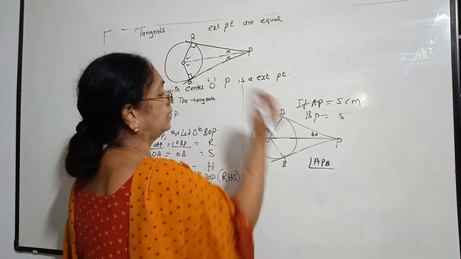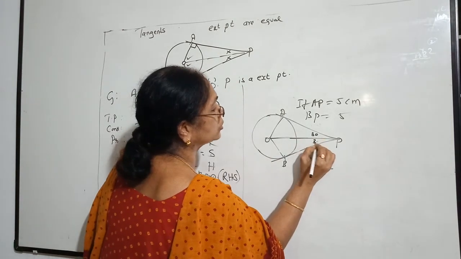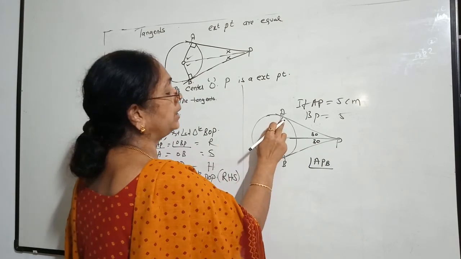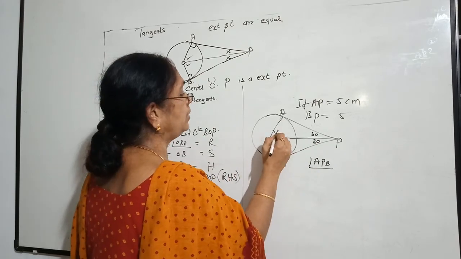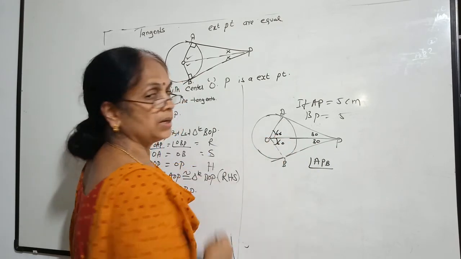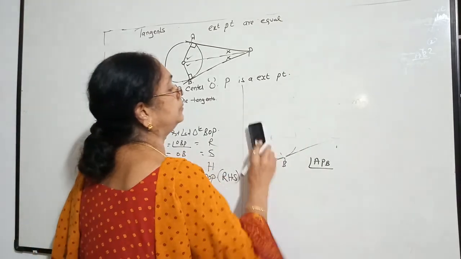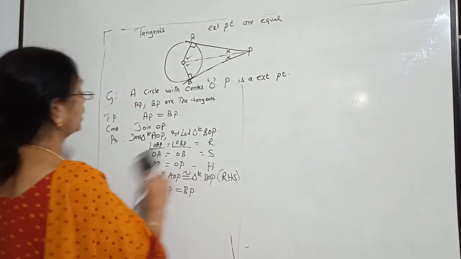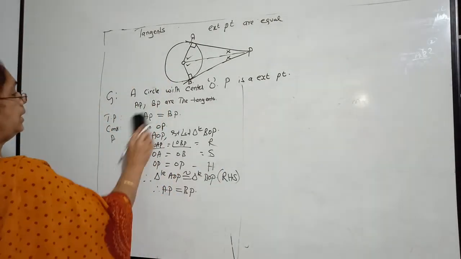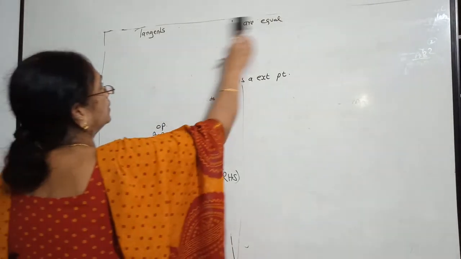Apply this. This is 30, this also has to be 30. 90, 30, 120, so this will be 60. This also will be 60. So sums like this will be asked on this theorem. So this is the theorem on tangent. One tangent theorem done; second, one more theorem.